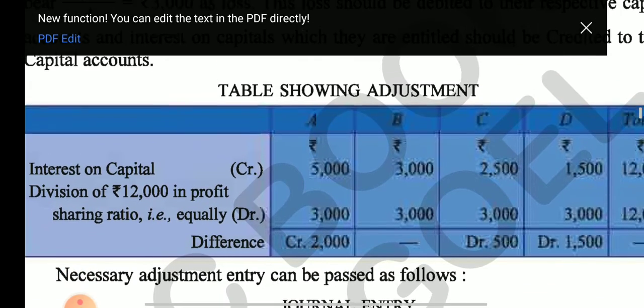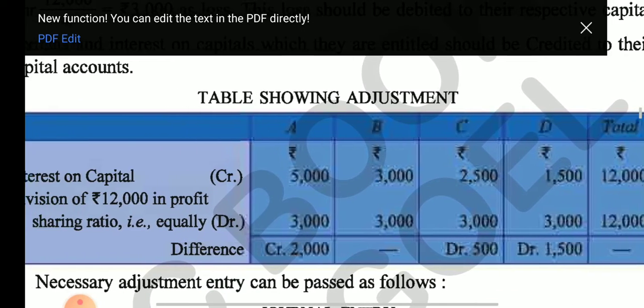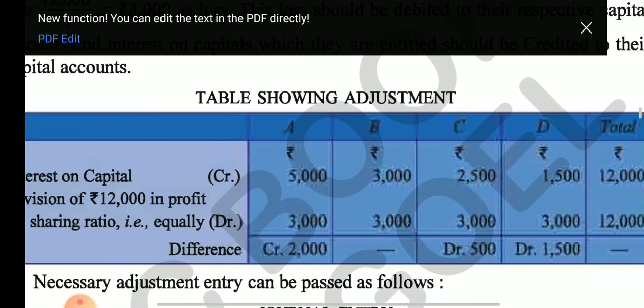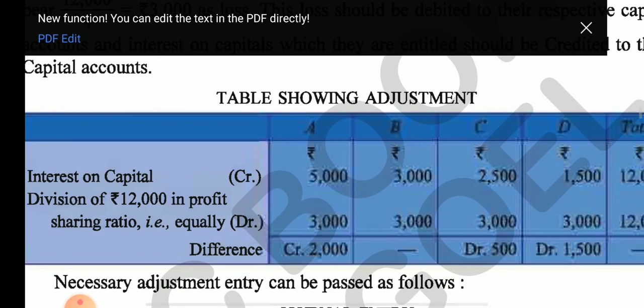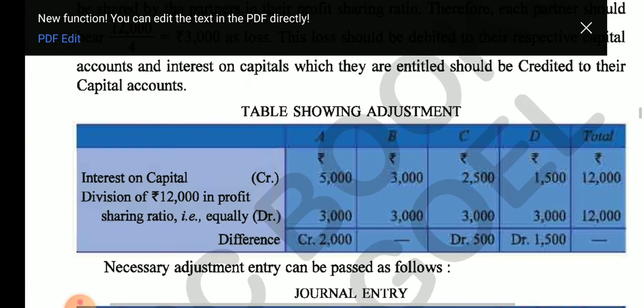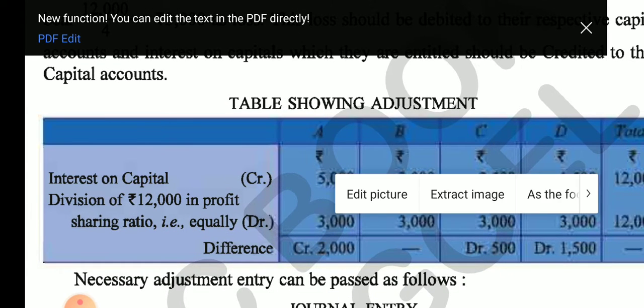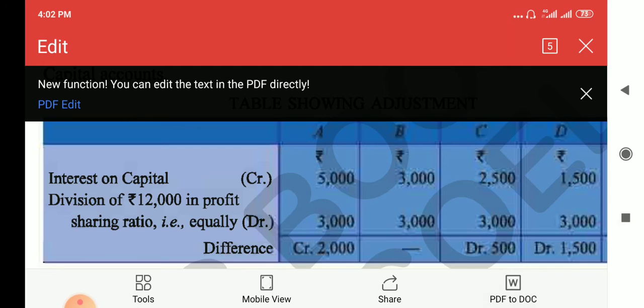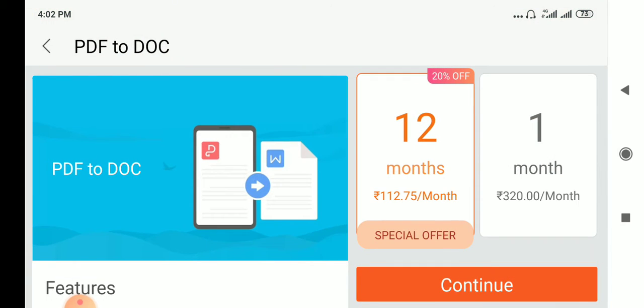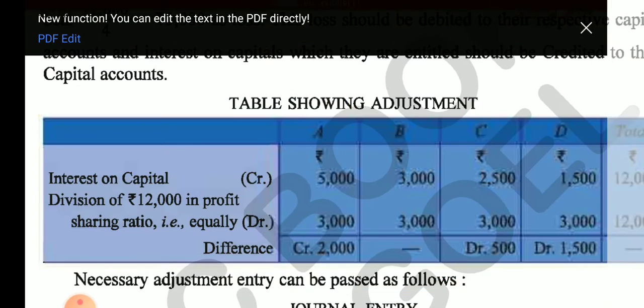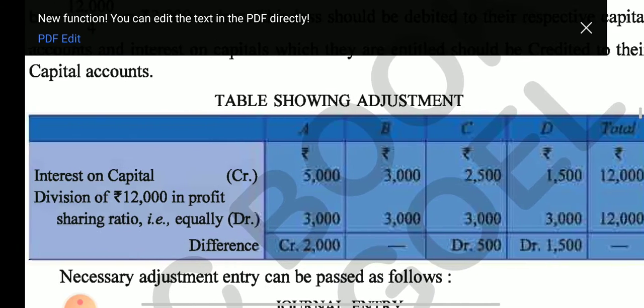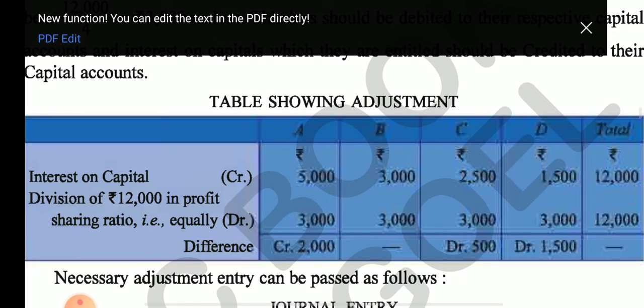Make the table with columns A, B, C, D and total. Just see it very carefully.